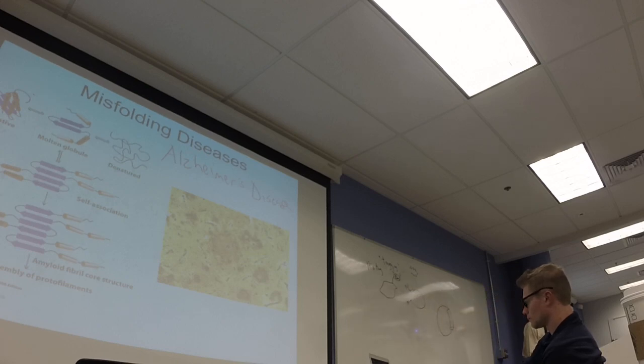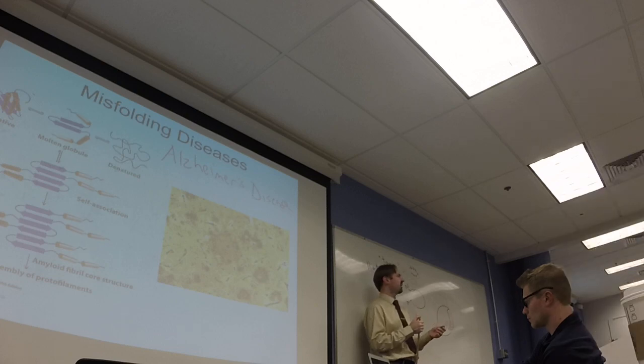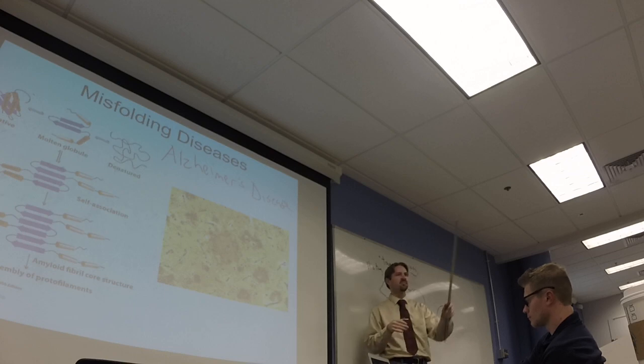The second biggest correlative factor is obesity, which ties into sugar as well. The more obese you are, the more likely you are to have Alzheimer's. But again, we're rolling the dice, right? You can eat no sugar and be a healthy athlete and still get Alzheimer's. So there's something else going on.